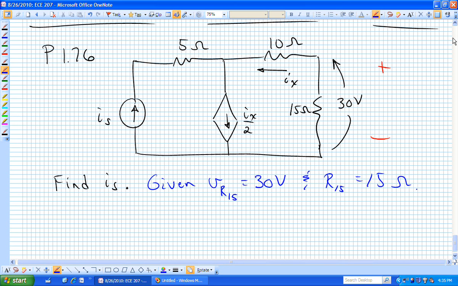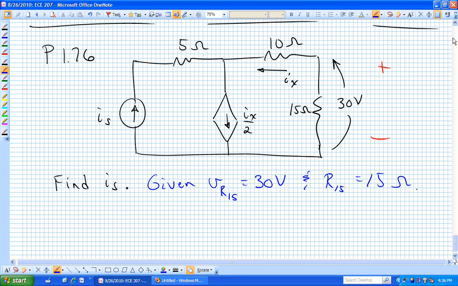That's the given information, and now we need to try to back our way towards I sub s. If we knew I sub x, then we would know I sub x over 2, correct? And if we knew the current in the rightmost branch and the current in the middle vertical branch, we could use KCL to find I sub s.